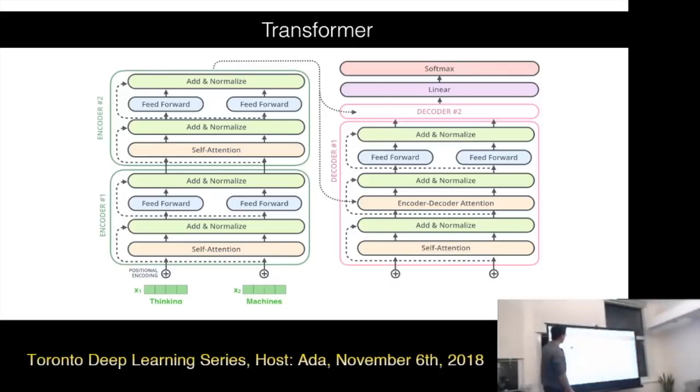And so imagine the encoder output then interacts with the decoder, let's say, middle result, in that encoder-decoder attention. So this way, they interact with each other at every step of the decoder. That's a very basic overview.